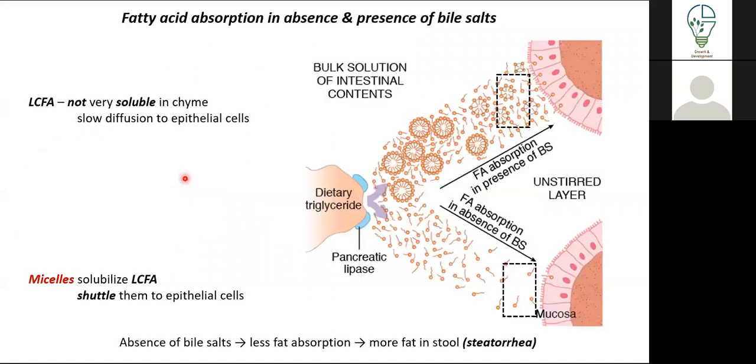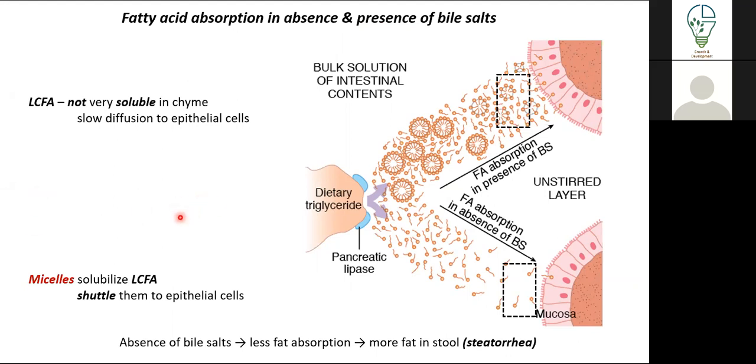And this is why if you have someone with pancreatic insufficiency, they do not have a working pancreas, their diet is usually medium chain fatty acids, because the medium chain fatty acids do not require breaking down. They immediately just enter into the cell, no problem. Okay, is that clear?